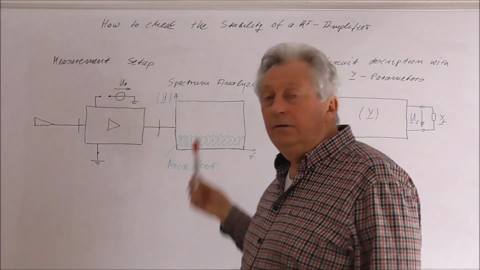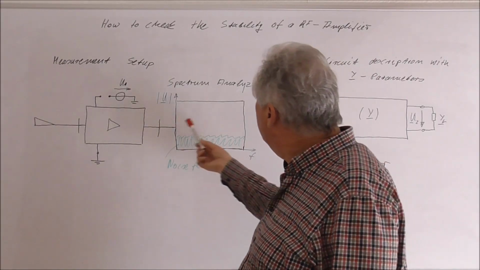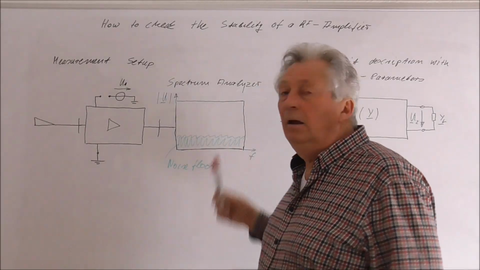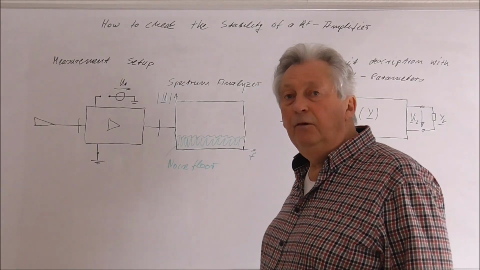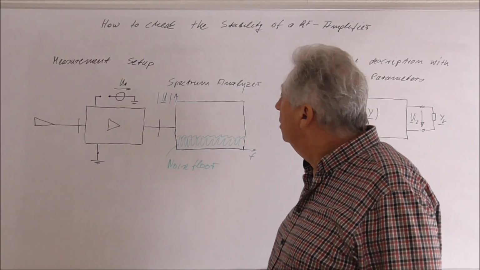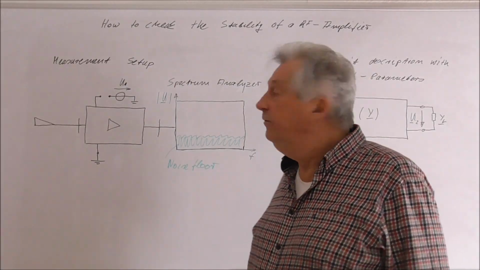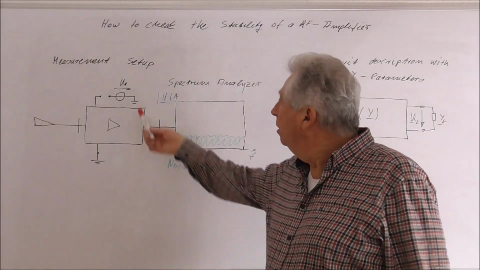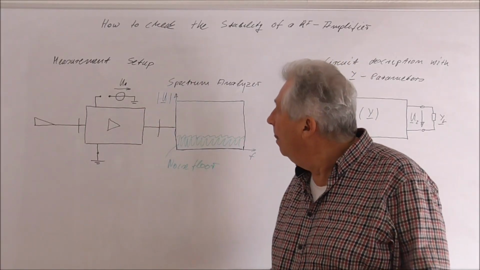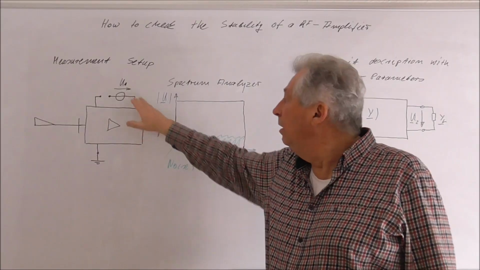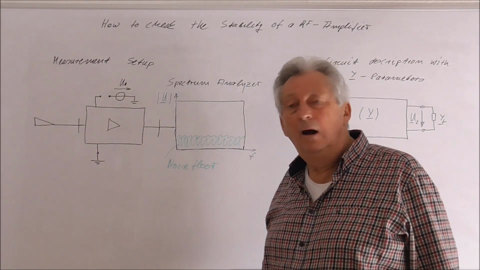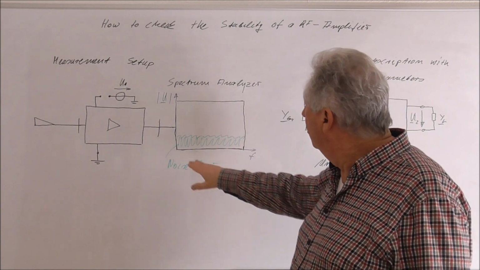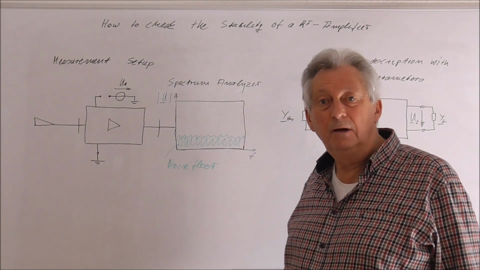resistor, and the amplifier will work into a spectrum analyzer, which normally has a 50 ohm input impedance. So we talk about a 50 ohm system. If we first do not connect our DC power supply to our amplifier, we will just see the so-called noise floor in our spectrum analyzer.